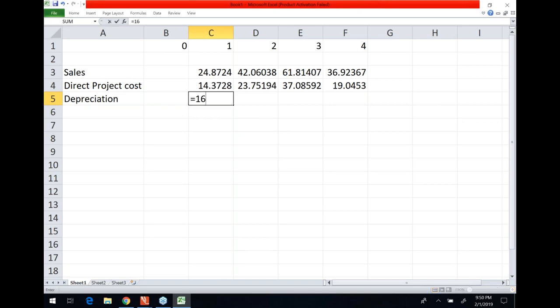So it's going to be 16 into 0.5, followed by 25% per year thereafter. So the remaining net book value is 8 million multiplied by 0.25, and then multiplied by 0.75 of this.